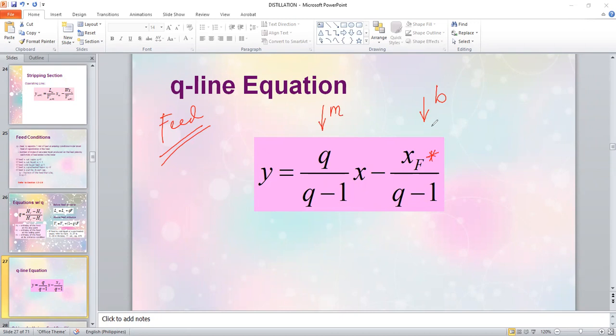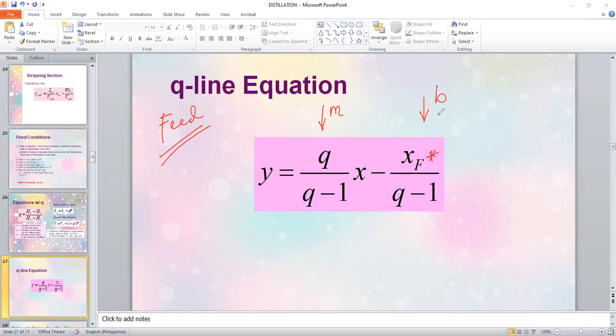What is this XF? This is the mole fraction of the more volatile component in the feed. So in the case of the benzene-toluene system, this is the mole fraction of benzene in the feed. When you plot your feed line, you either use the slope or you also use the y-intercept. So you see how important is the Q? It appears in both the slope and the y-intercept of your feed line equation.